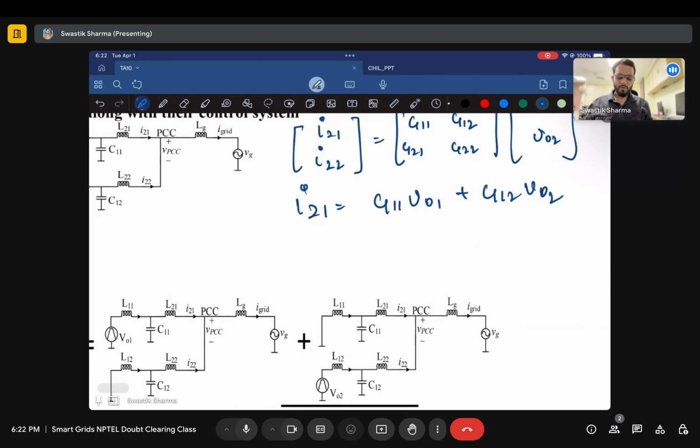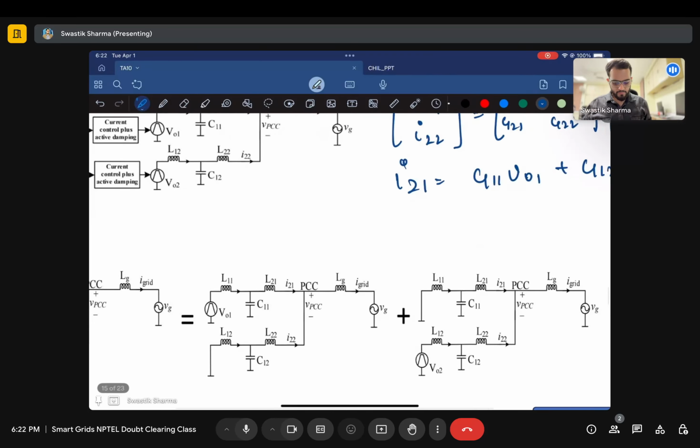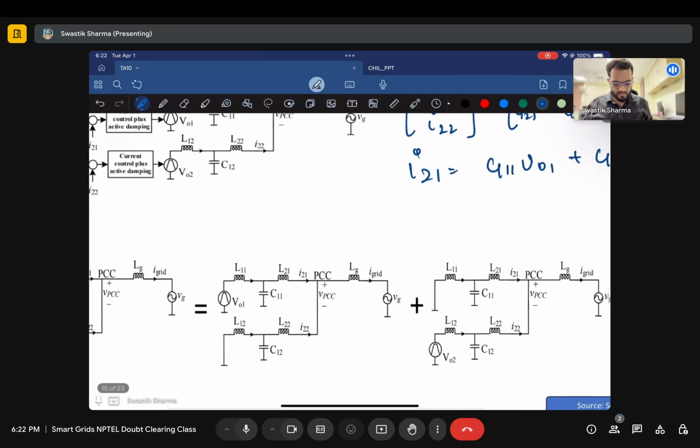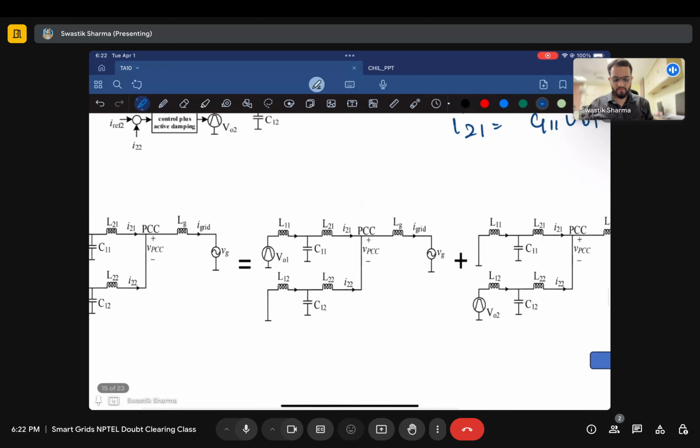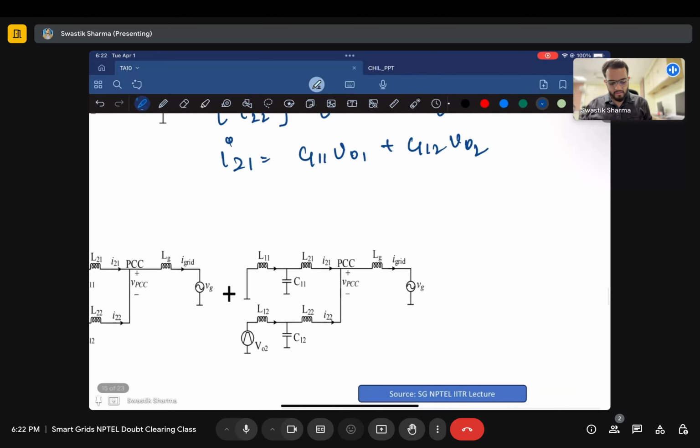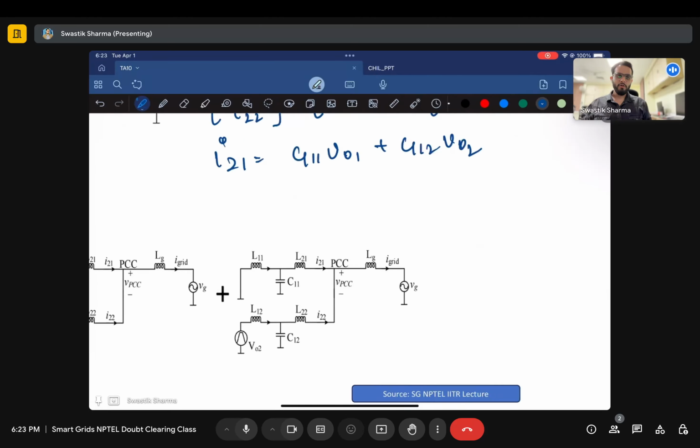You short circuit one voltage source. That is what is done over here. You just keep V naught 1 as active and you find out the value of V naught 1 upon I21 using this whole system. Similarly, you short V naught 1 and keep V naught 2 and check the transfer function of this diagram, and you can effectively get all of these values G11, G12, G21 and G22.